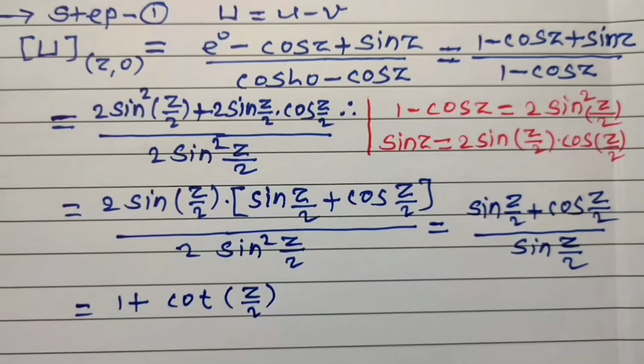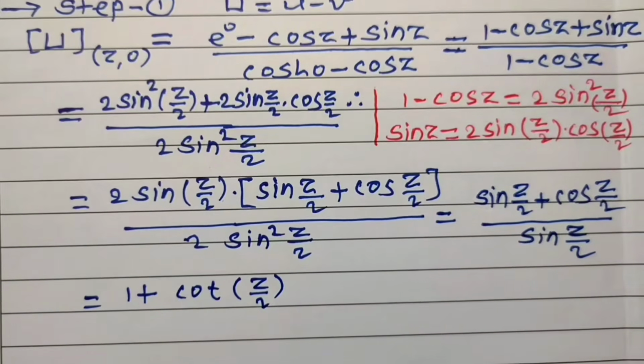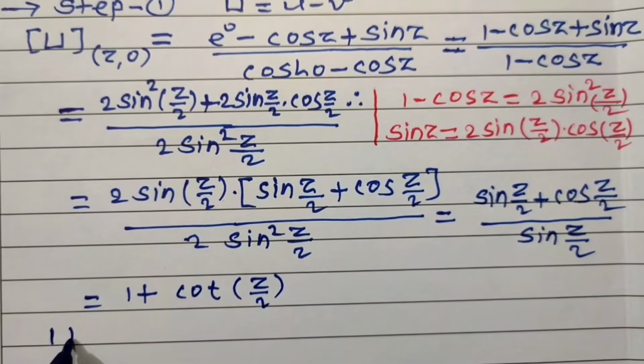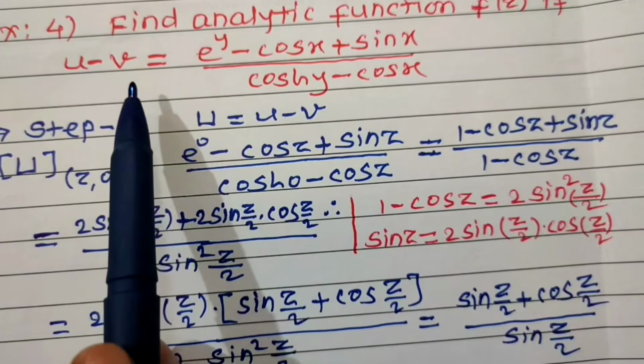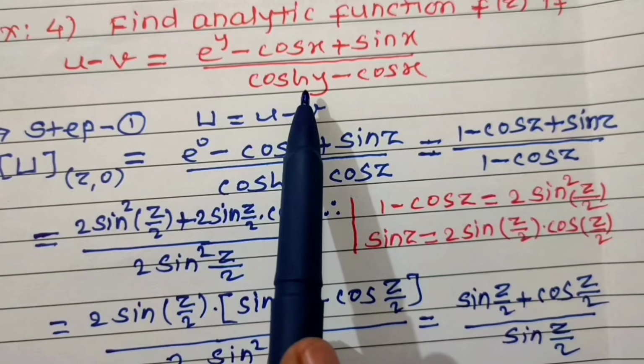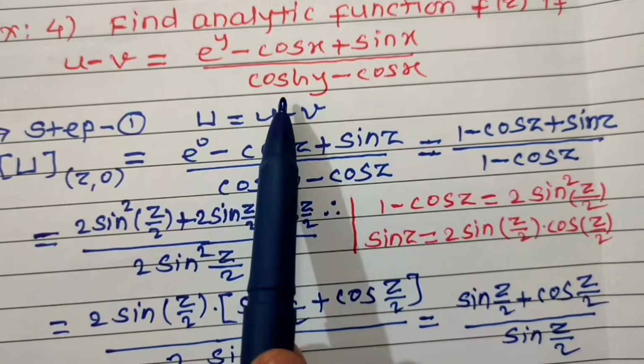Let us find the partial derivative of U with respect to y, considering x as constant. In u minus v, the numerator as well as the denominator contains a function of y.